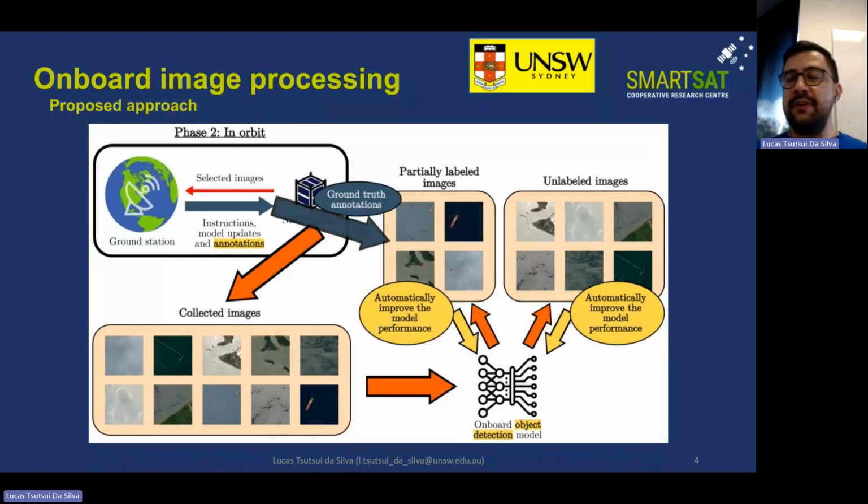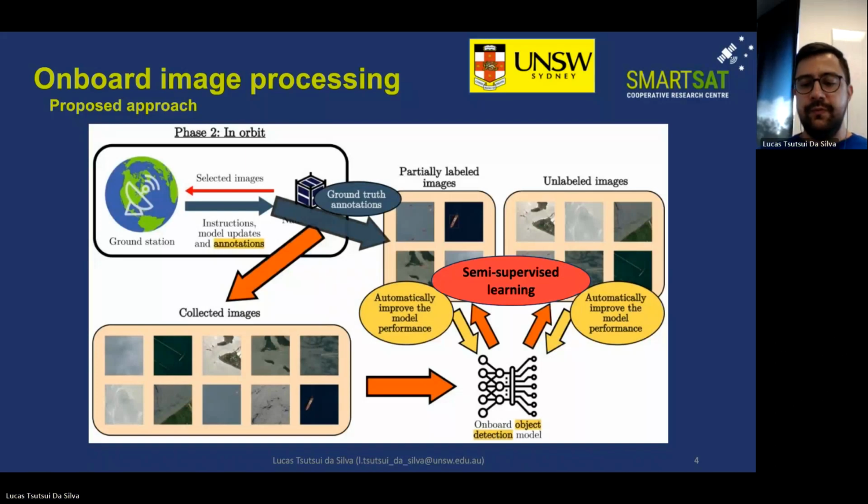Therefore, we can have a set of partially labeled images and another set of unlabeled images, which means that we can apply semi-supervised learning to train the model and improve its performance.